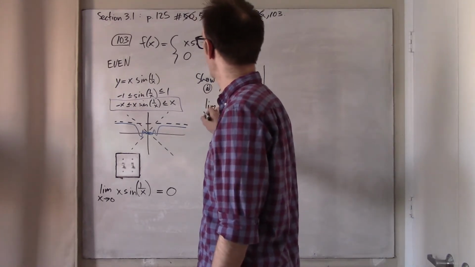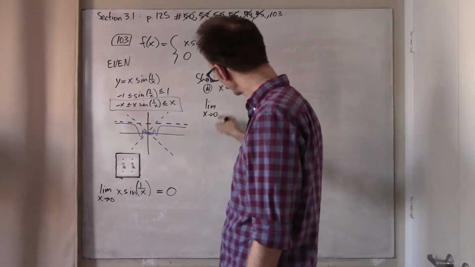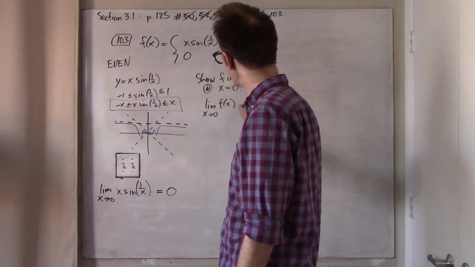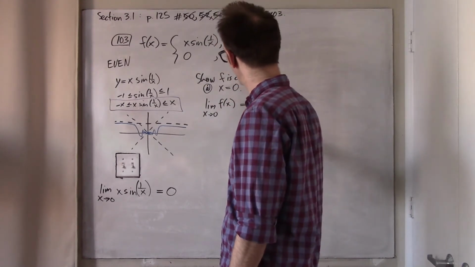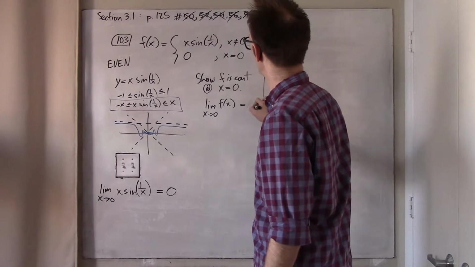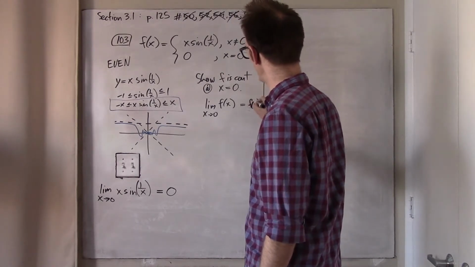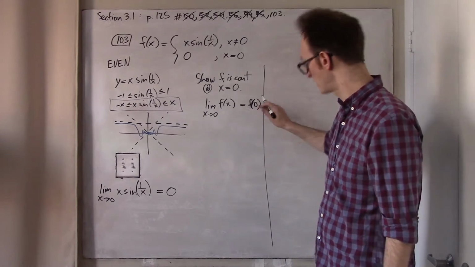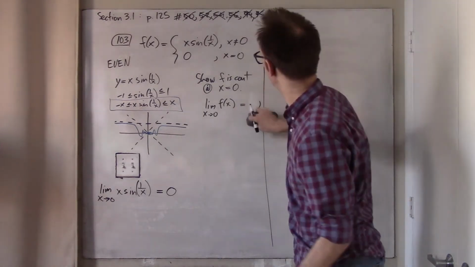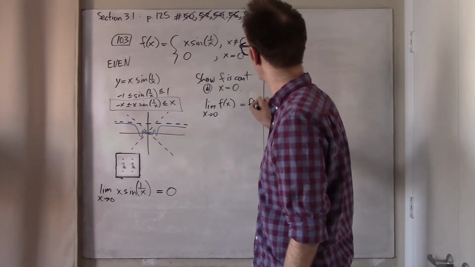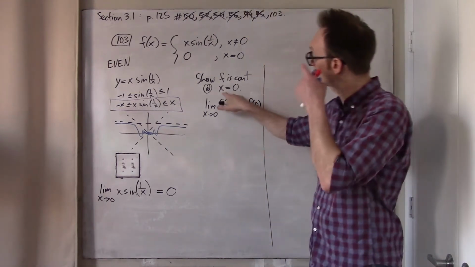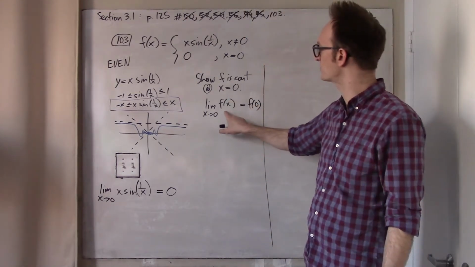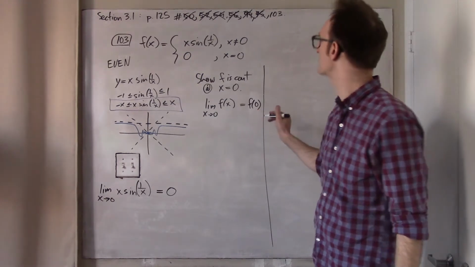The limit as x goes to 0 of the function has to be f of 0. Whatever a function is promising it is going to do, it in fact does. So using the technical definition of continuity at a point, the function is continuous at 0 if the limit as x approaches 0 is the value of the function at 0.